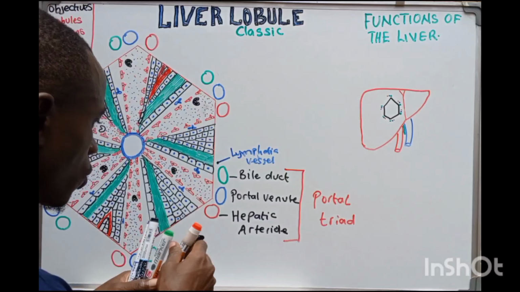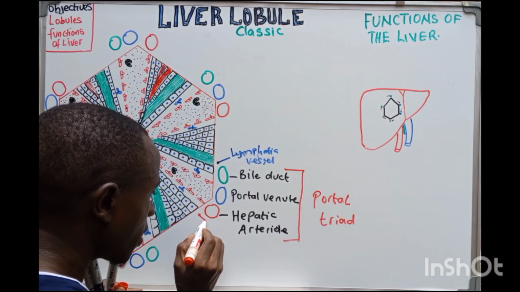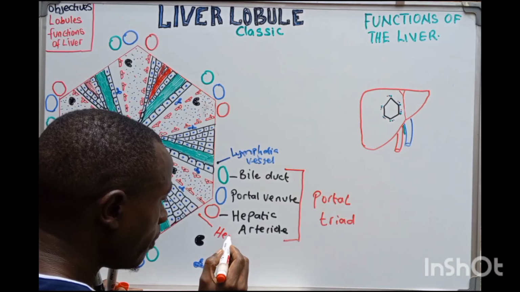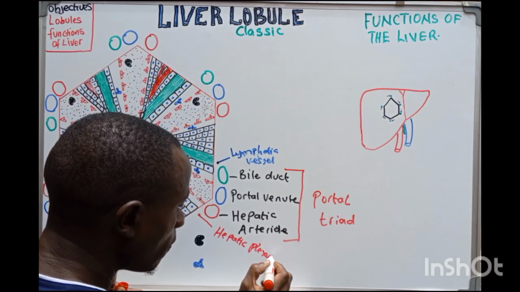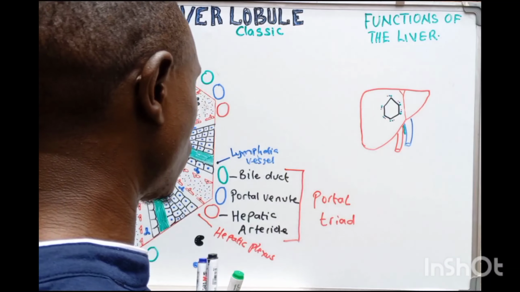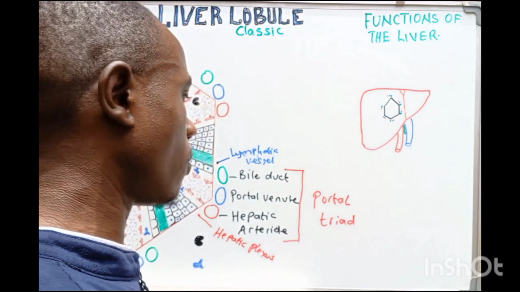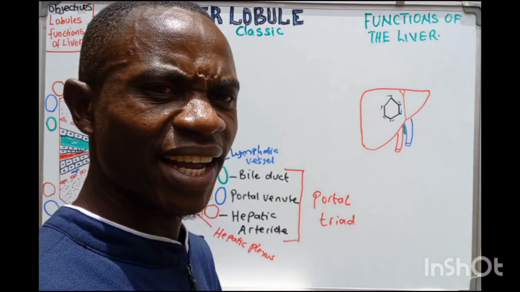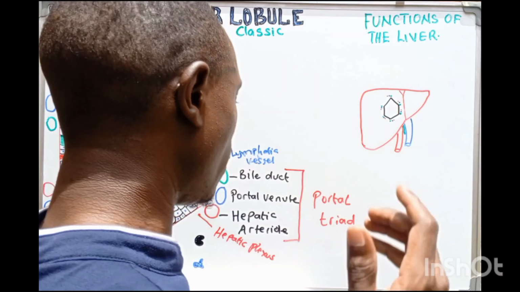And then we should not forget that you're also going to be having the hepatic plexus, which is more of the innervation to the liver. And of course, you're going to be having the sympathetic fibers coming from the celiac ganglion, and also parasympathetic fibers coming with the vagus nerve.